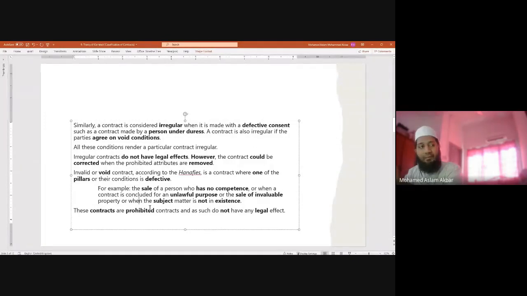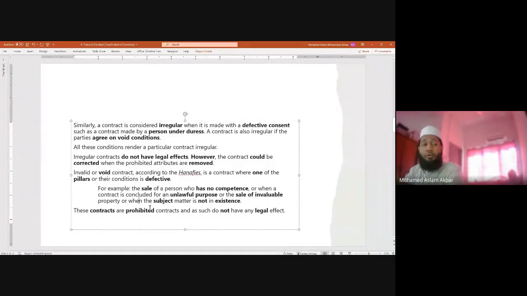The secondary means other than the three pillars. For example, the unknown price. You have the product, you don't know how much the price is, still you want to buy. So this one will become secondary, which we call wasaf.